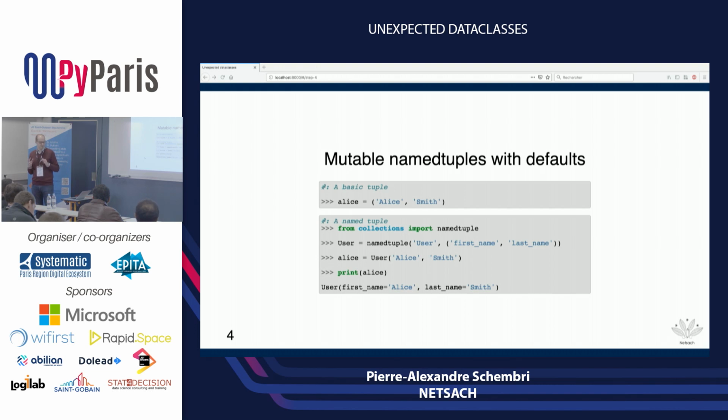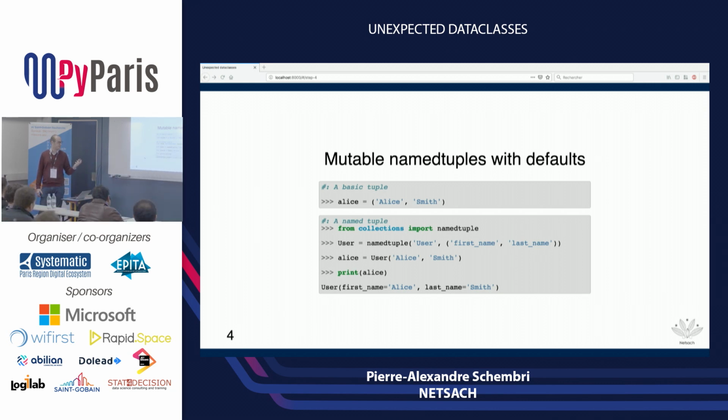So in the PEP 557, data classes are defined as a mutable named tuple with defaults. So what is a tuple? Basically, it's one of the built-in data structures in Python. And one of the things is it's immutable. You cannot change it once it has been created. And a named tuple is from the collections module.